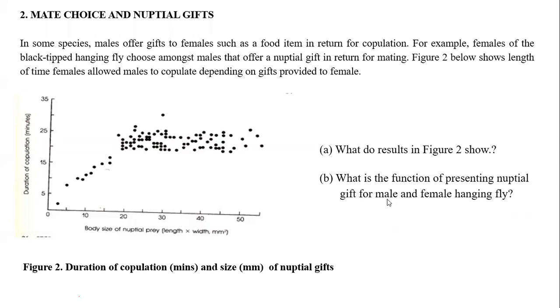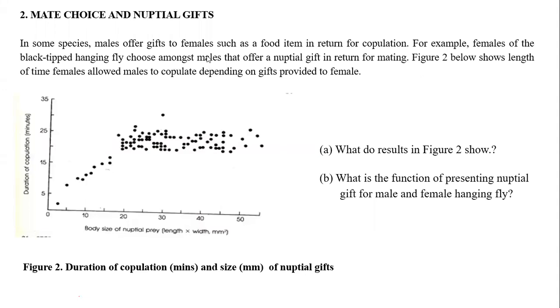Obviously, we can do it combined, but we can also separate. So for the male, bringing the gift to the female allows him access to the female for copulation.